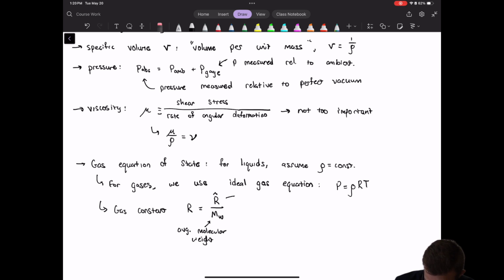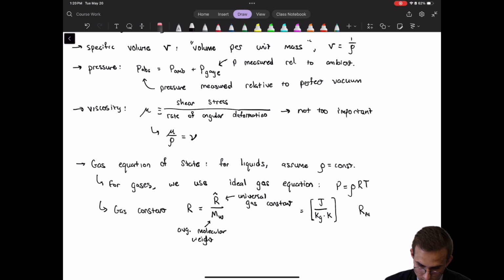So that's why you can have an effective gas constant for air, for example. The units of R, which I'll write in square brackets here, are joules per kilogram Kelvin. And we'll typically be dealing with air, and R for air is approximately 287 joules per kilogram Kelvin.